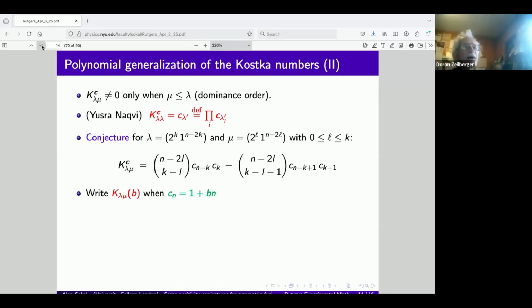In this conjecture right here, if k equals L, then it's probably easy, right? I'm sorry, say this again. The one that's here. If k equals L, that's just the diagonal element, which we know what it is. Right. So can you say anything about when k minus L is 1?